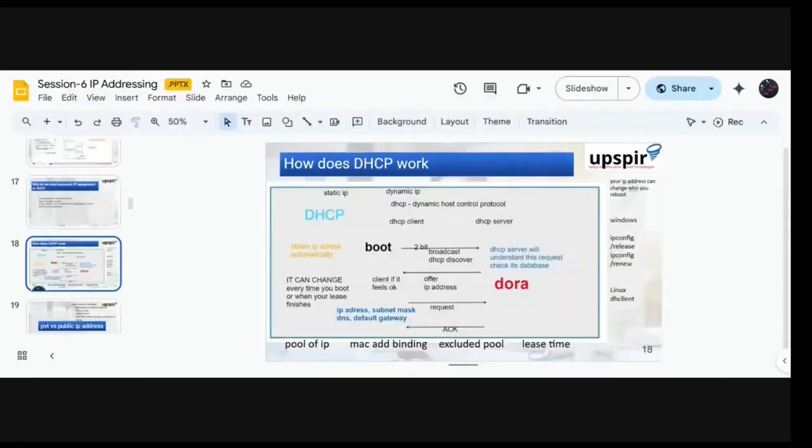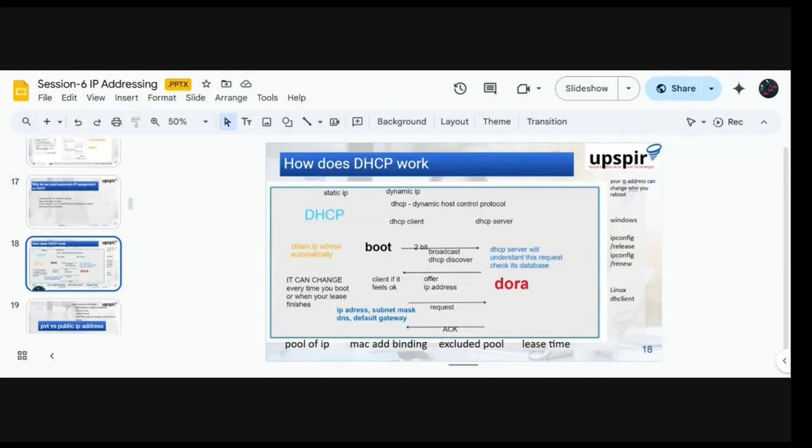So DHCP works with DORA messages. As soon as you boot your system, a request is sent in the network. This is a DHCP discover request, and it's a broadcast. So anywhere in the network, it tries to find the DHCP server, and if it is available, it will respond to that request. It will actually offer an IP address to it.